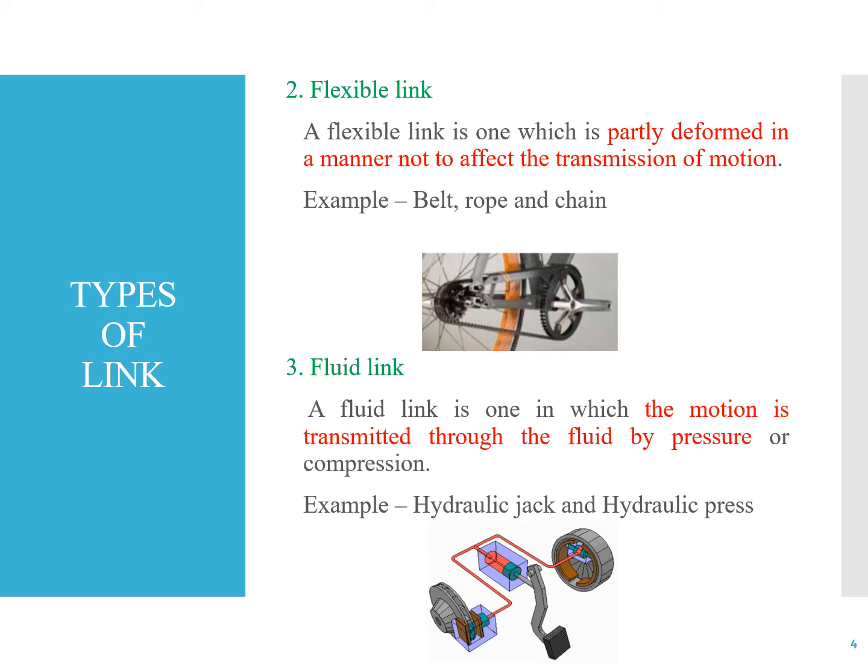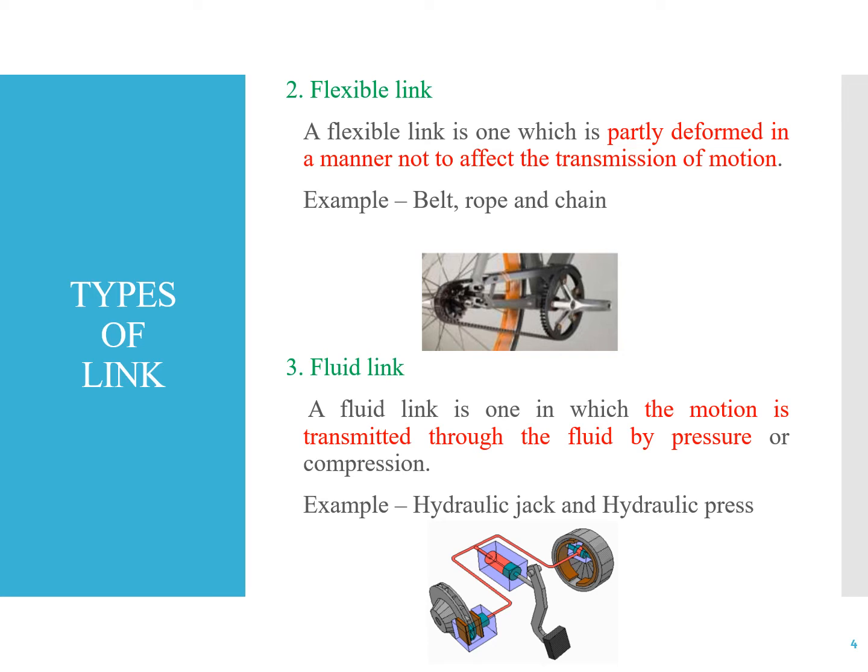We all know that there is a machine component known as a belt which is used to transmit motion and further to transmit power. During the running of the operation, a belt undergoes some partial deformation like wear, but it does not affect the transmission of motion. Such types are examples of flexible links.